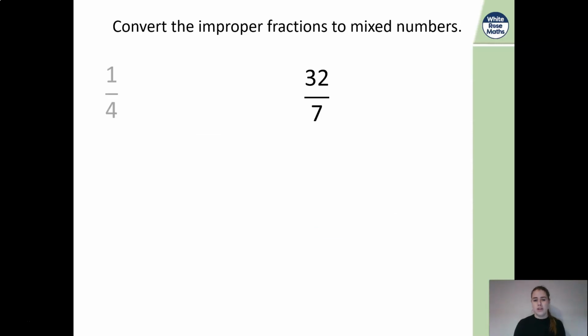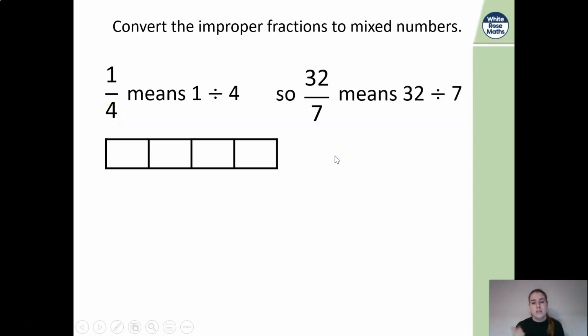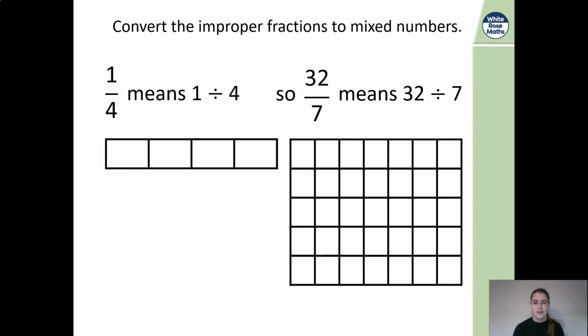So here we've got the 32 again. Okay, so if I had 1/4 and divided it into 4, that means I've divided 1 whole bar into 4. So that must mean that this one means 32 divided by 7. Here I would have 7, 1, 2, 3, 4, 5, 6, 7, and I'd have to fill them out.